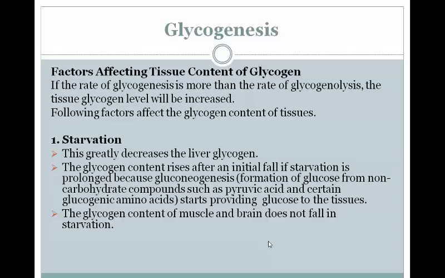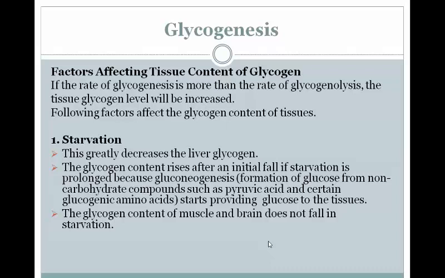First, starvation, the lack of food. This greatly decreases the liver glycogen, because the stored form of glycogen goes to glycogenolysis to fulfill the requirement of glucose. And thus the glycogen content rises after an initial fall if starvation is prolonged.